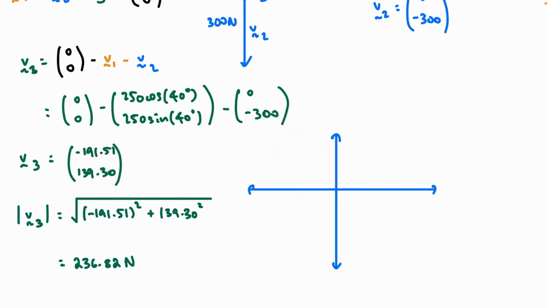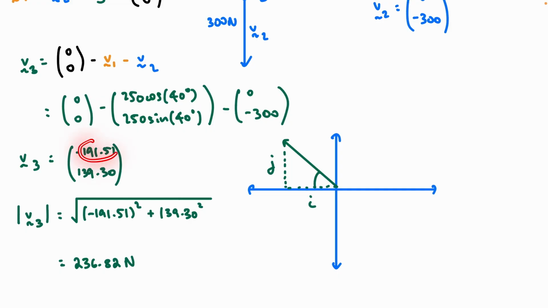Now we can recognize we have some sort of right angle triangle, where this is our actual vector, and the horizontal and vertical components are drawn as follows. If we can work out what this angle here is, the inside angle of this triangle, our life will be very simple to work out the bearing. Let me draw a permanent diagram. So this is the i component and the j component. To work out this angle, we can simply do the j component divided by the i component.